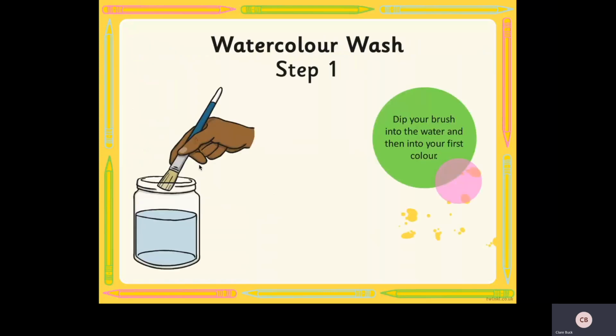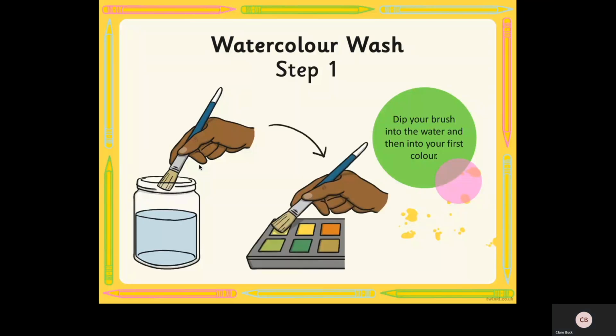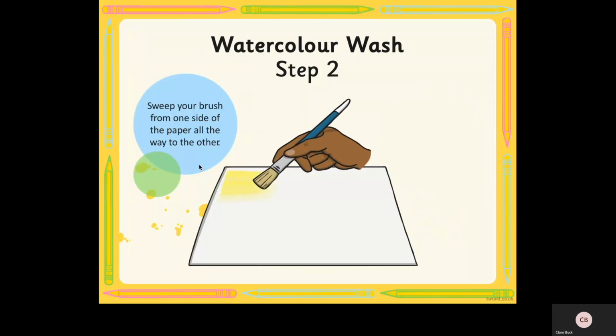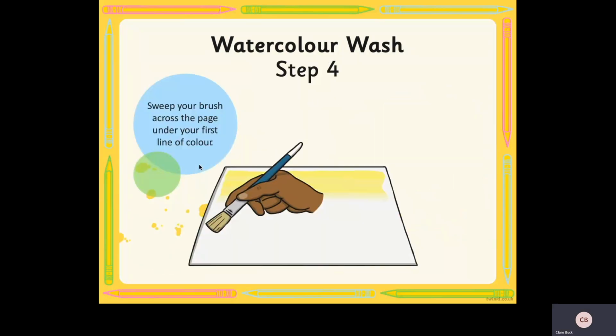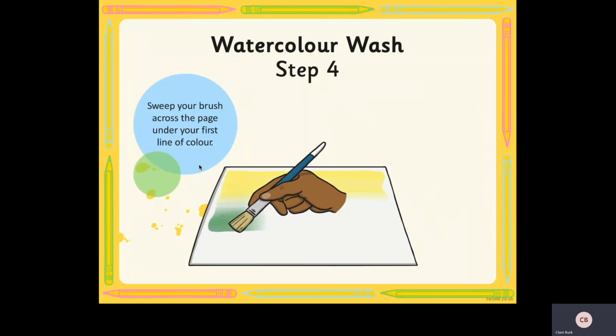And the instructions for your colour wash are on the next few slides. So if you click through, and I will also post a little video of my daughter Susie having a go at this herself.